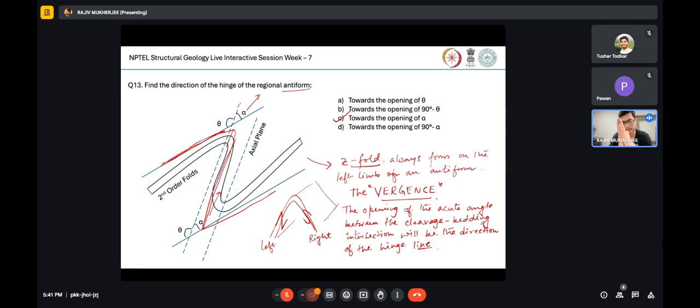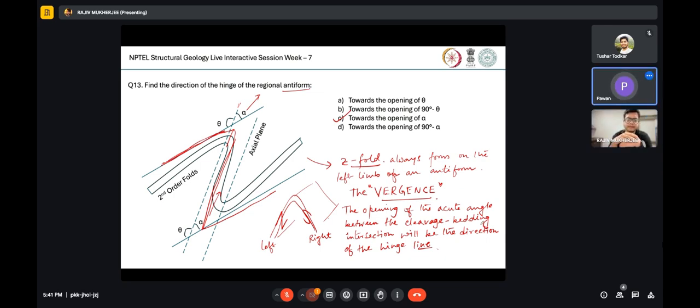But now you are producing asymmetric folds. So what will happen? These axial planes will start rotating because the entire fold structure is rotating. And this rotation of the axial planar cleavages is also associated with the rotation of the hinge of the fold. And this is the concept of vergence and cleavage transection.